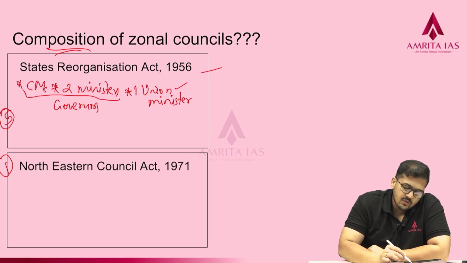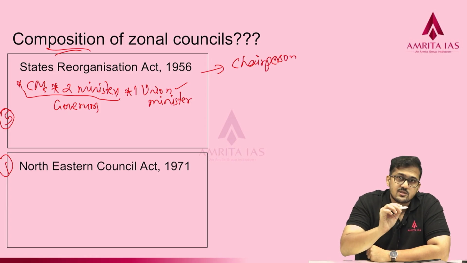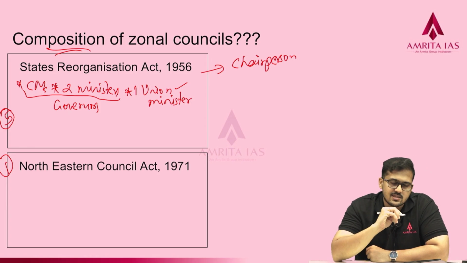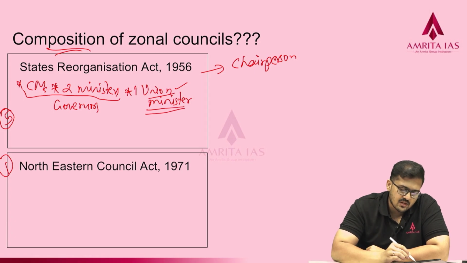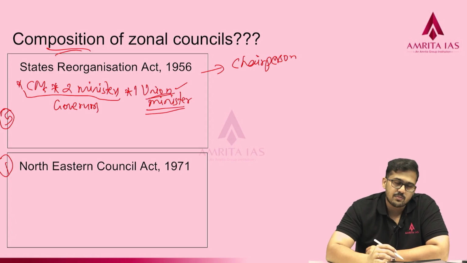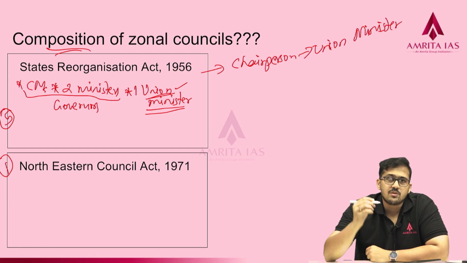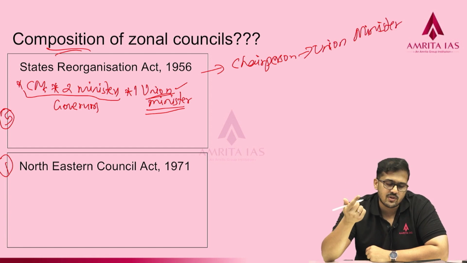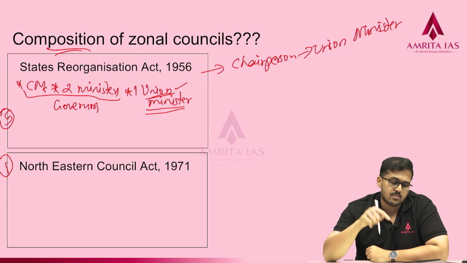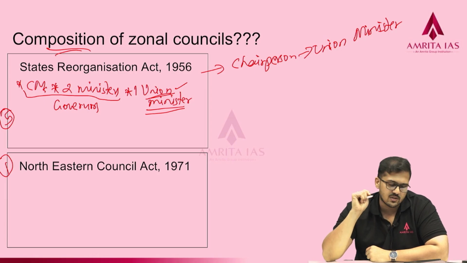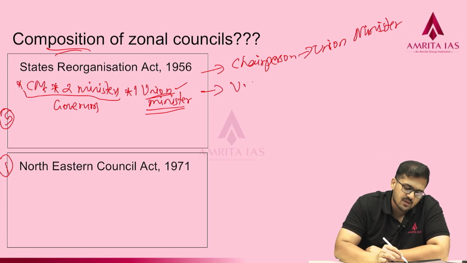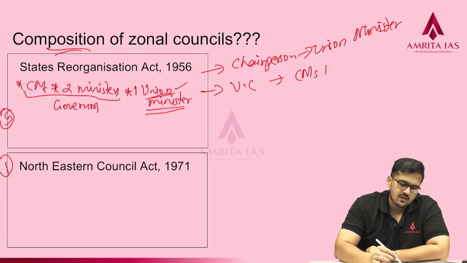Then, with respect to the chairperson of each zonal council, the law says that the union minister nominated by the President shall be the ex officio chairperson of this particular zonal council. When it comes to the vice chairperson, it shall be the chief ministers of the states in a 1 year tenure.